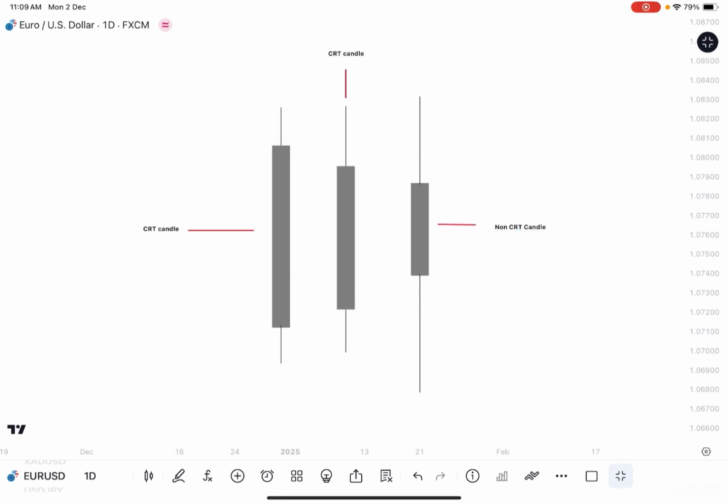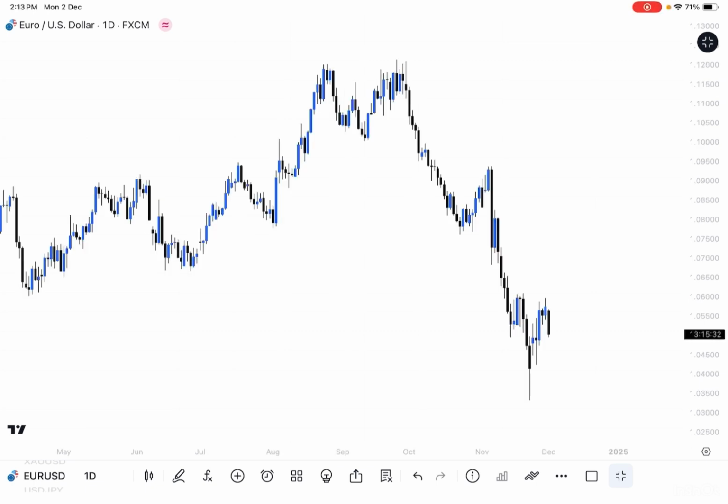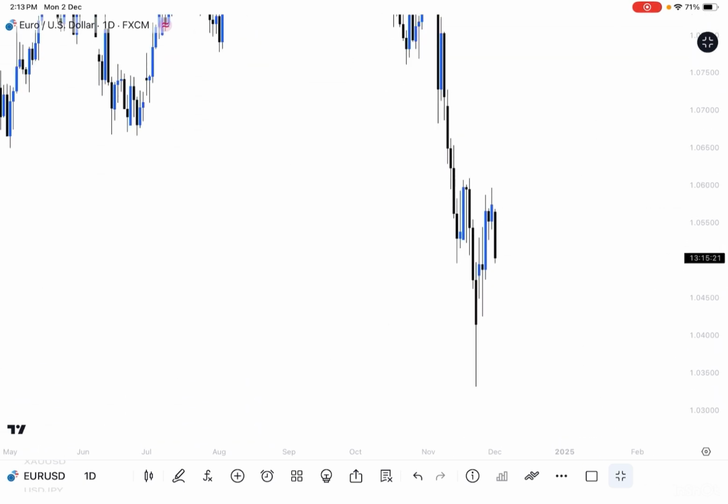I think you guys understand it so clearly. Now let's see the examples on chart. Let's start. So now my people, let's find the CRT candle on chart using the trick which I have mentioned before. So now let's zoom the chart.